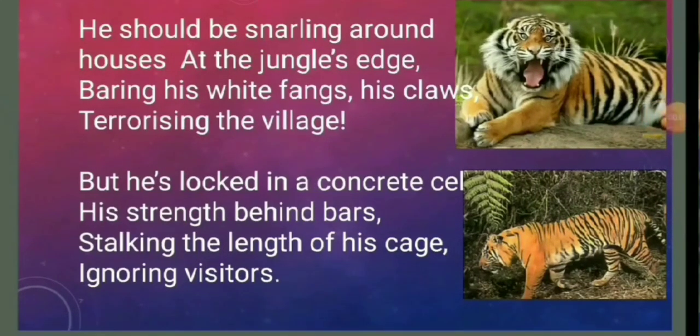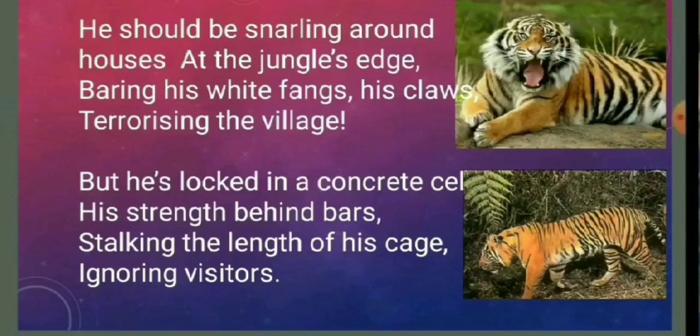But he is locked in a concrete cell, his strength behind bars, stalking the length of his cage, ignoring visitors. In this stanza, the poet comes to the reality of the tiger. Actually, the tiger is inside the cage. He says that tiger is confined in a strong cell which is made up of concrete.